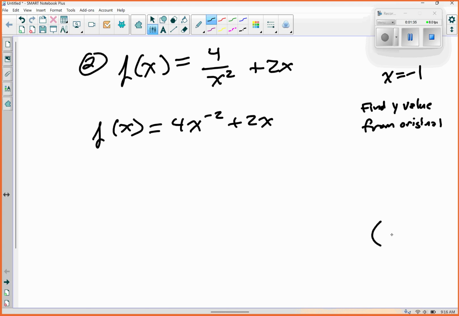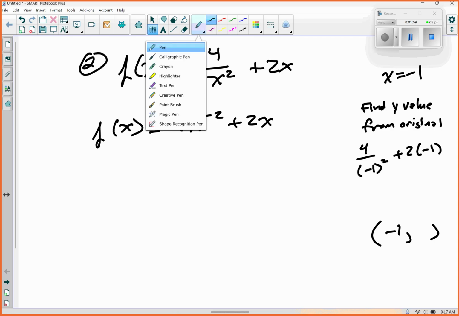We're trying to figure out the y value of the point, which is called the point of tangency. That's the point that exists on the linear equation that is tangent there. So I'm going to take my equation and replace the x with -1.